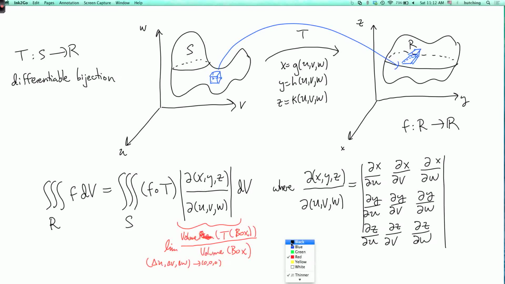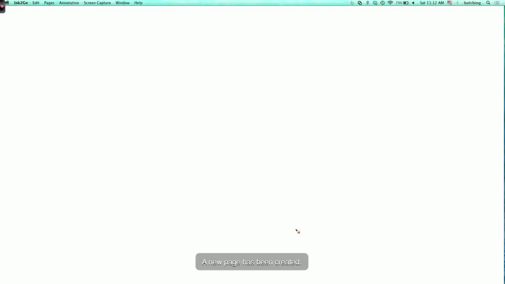So let's do an example to see how this works. So let's look at changing to spherical coordinates. Okay, so we start with the usual xyz coordinates.